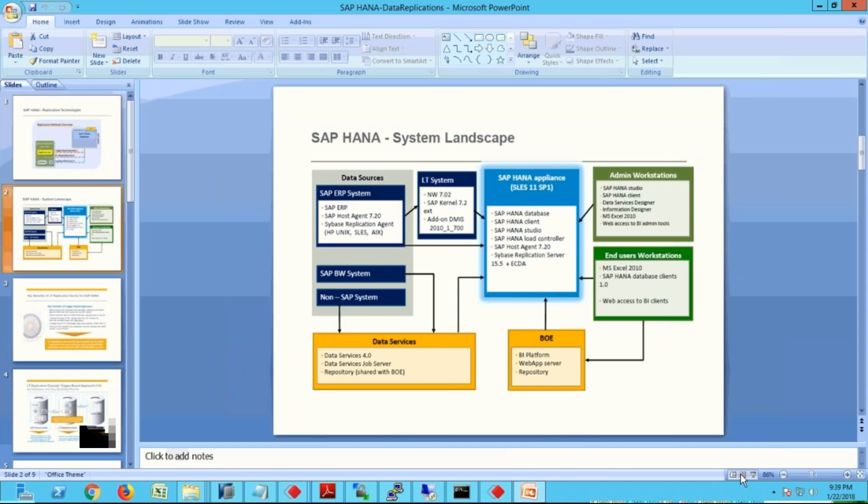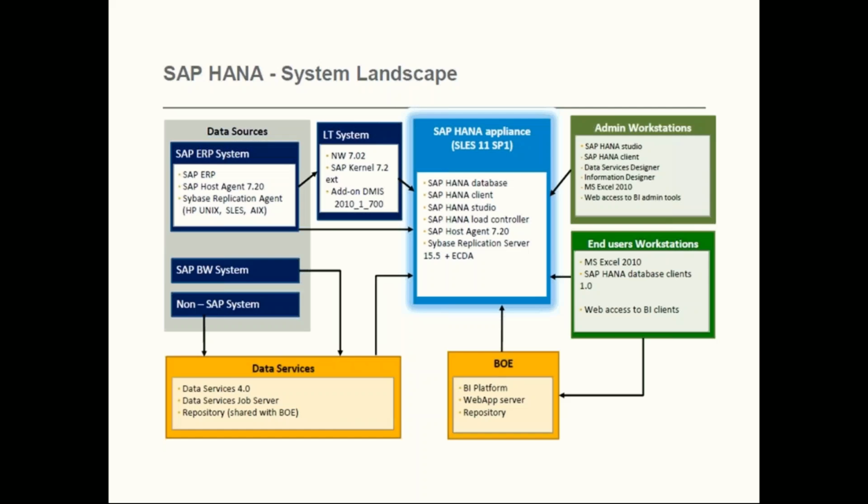Now look at this diagram here. This is how a system landscape typically looks when you want to use HANA as a data mart. It may look very complicated when we look at this landscape the first time.